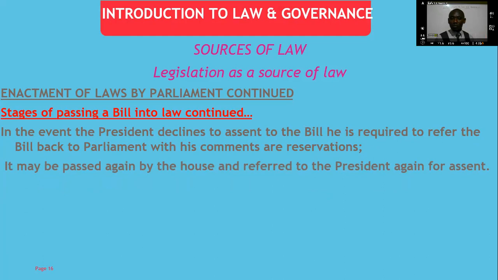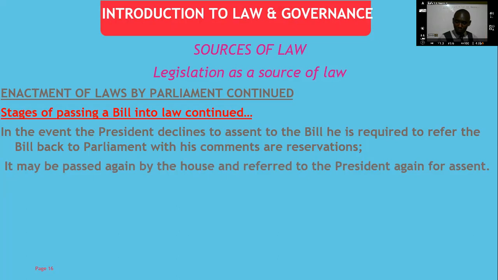For example, if the President decides that a few clauses need to be removed, the House may remove those clauses and pass it again, send it to the President for assent, at which point he is likely to sign. Alternatively, the House may pass it with a few accommodations of what the President said, and the President may sign it or may not sign it.